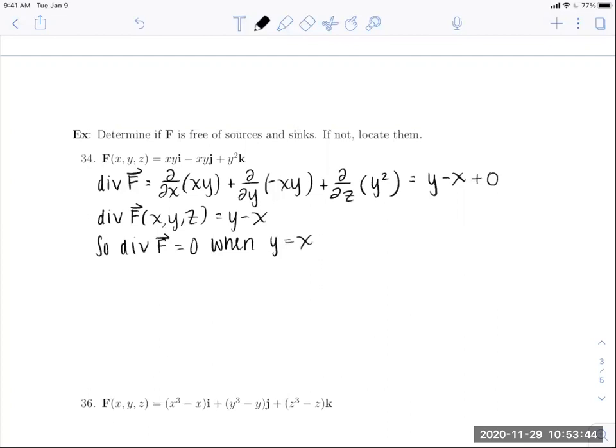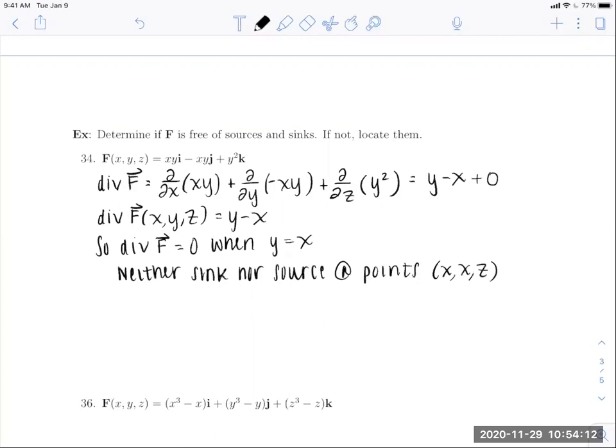So for points of the form x, x, z, where the x and y coordinates are equal, those are neither sinks nor sources. I'll make a note: neither a sink nor a source at points of the form x, x, z.